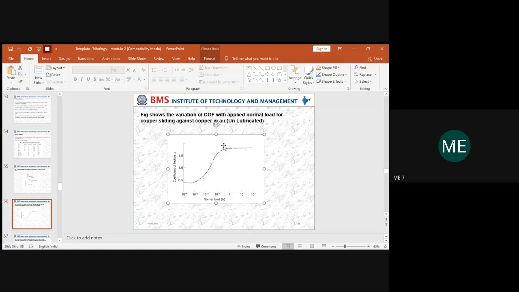So which are the properties which are related. You can just write some examples as I showed you in the previous slide. And later, if it is asked to justify how the COF varies with respect to any material of your choice, then you should be able to understand and draw a graph and explain it accordingly.